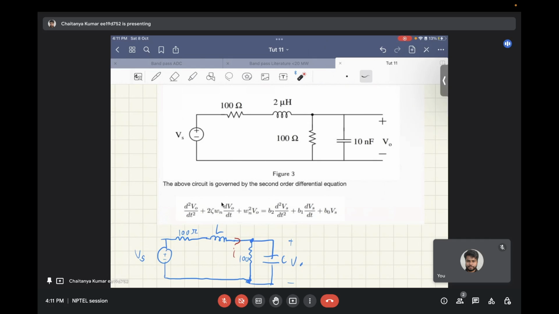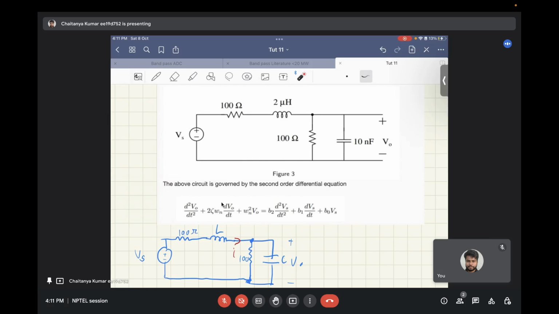Like in parallel RLC or series RLC, you can learn by heart the values of the damping factor, the omega n, and the quality factor. However, in case of complex networks, you need to find out the differential equation and then compare its coefficients with the standard differential equation of a second order system. So this is what we are going to do in this question. So let's work it out.